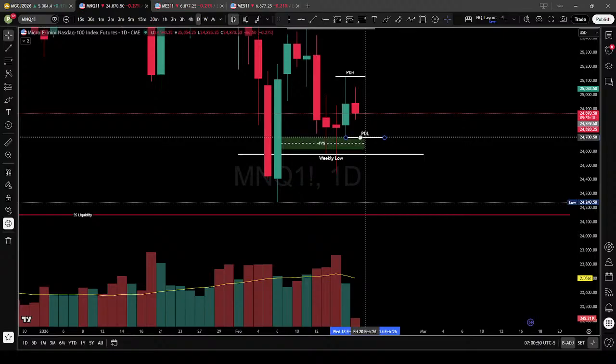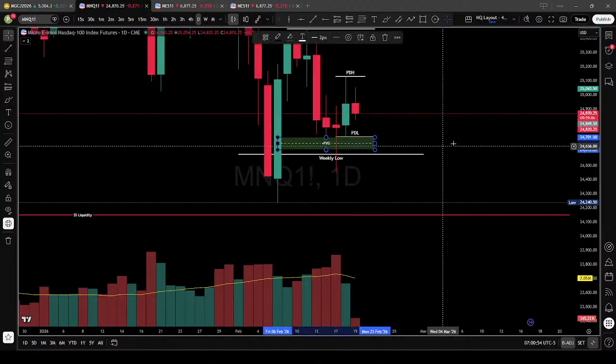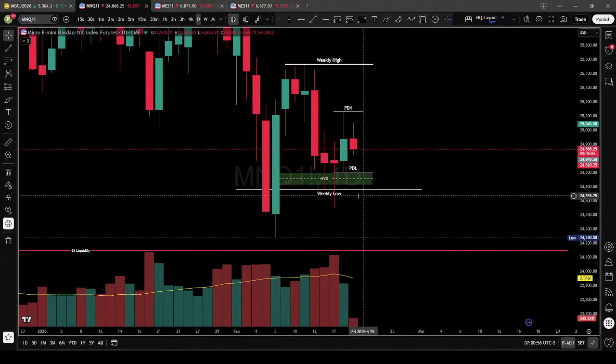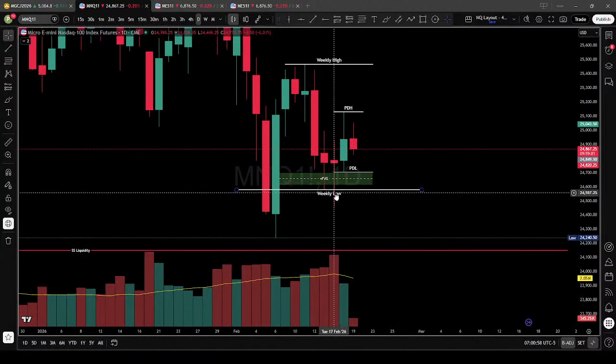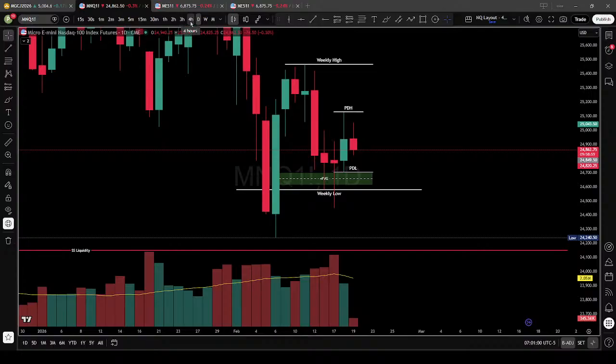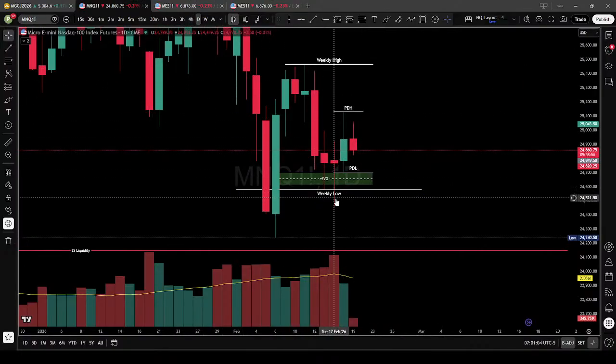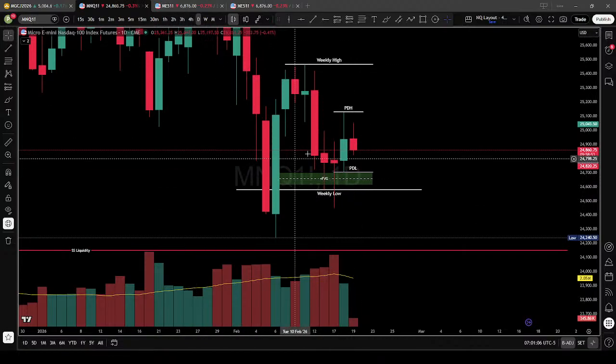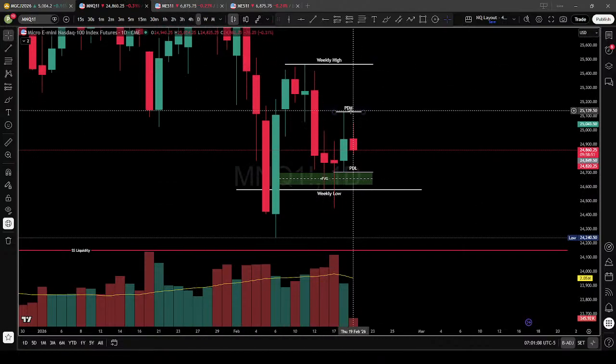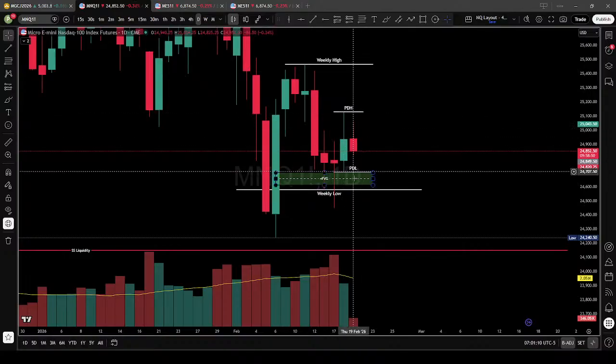Previous day low is here. Weekly low has been tapped. Weekly high has not been tapped. Previous day high is here. Previous day low is here.